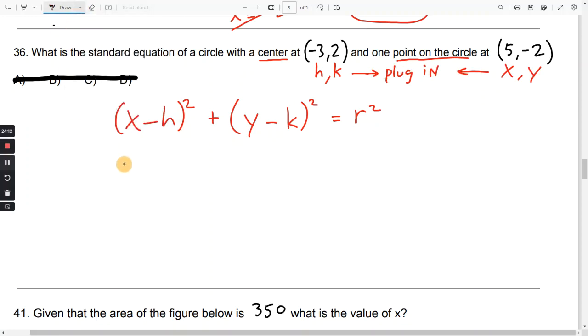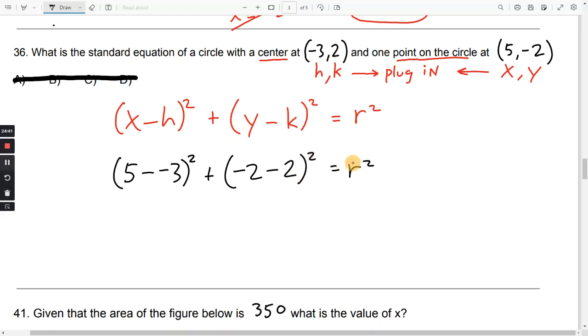So let's see. X is going to be positive 5 minus h, which is negative 3. So it's minus negative 3. Alright, watch your signs. And that's squared. Y is negative 2, and that's minus k. K is positive 2, and that's squared.